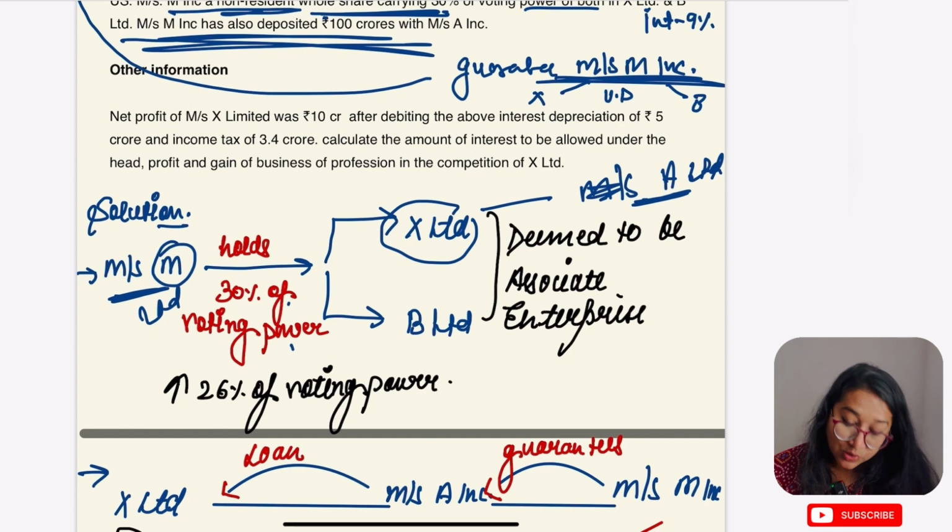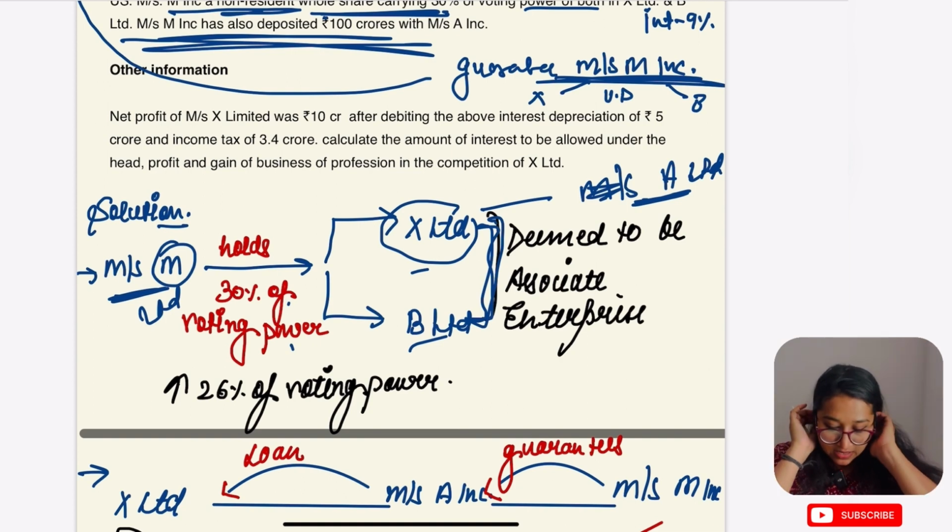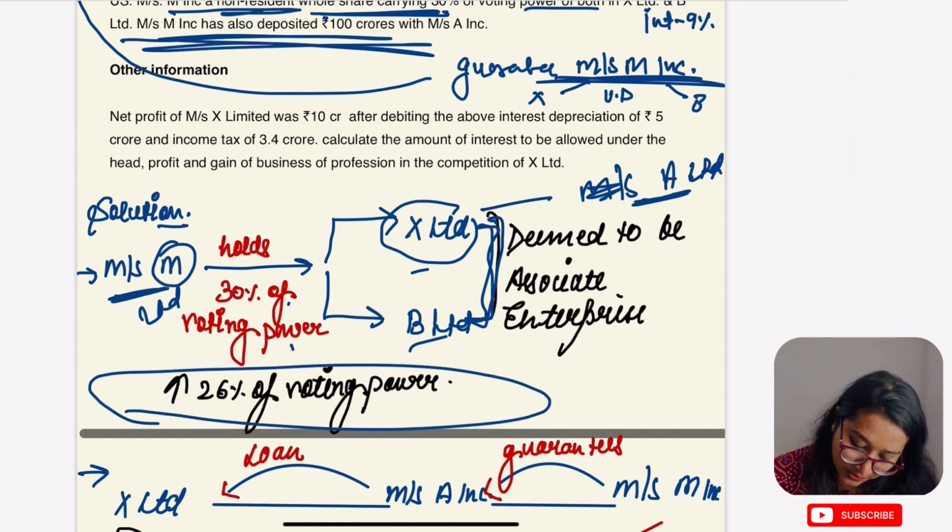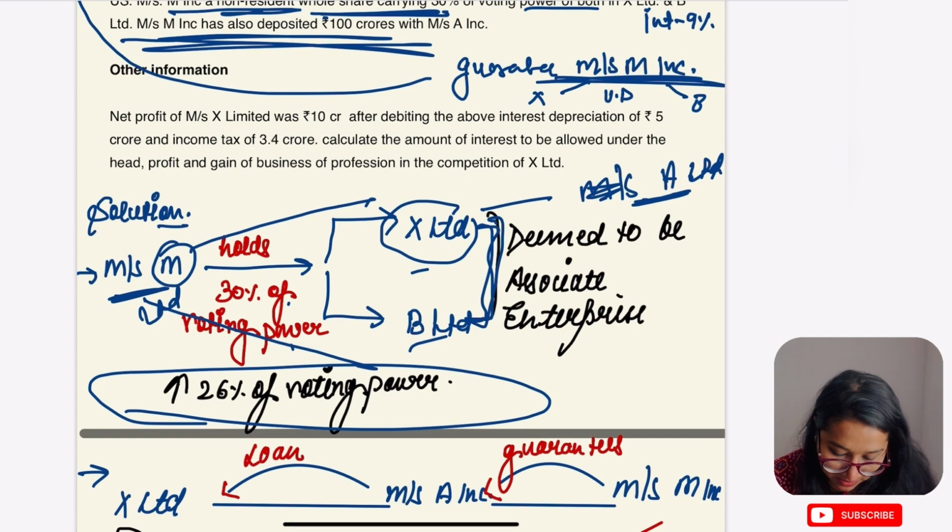So M is holding more than 30% of voting power in X and B, which is a case of indirect holding. So X Limited and B Limited are deemed to be associate enterprises, as they are holding more than 26% of voting power. Of course, M and X are also associate enterprises here, and M and B are also associate enterprises.